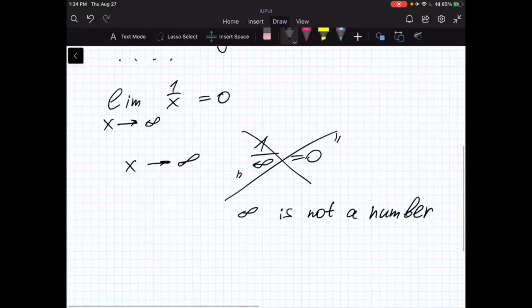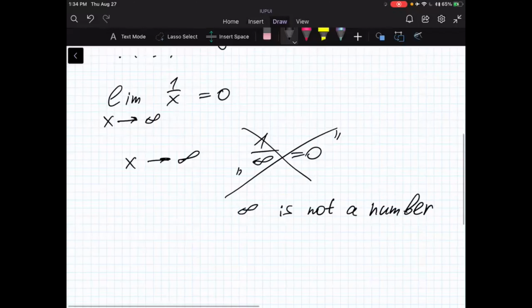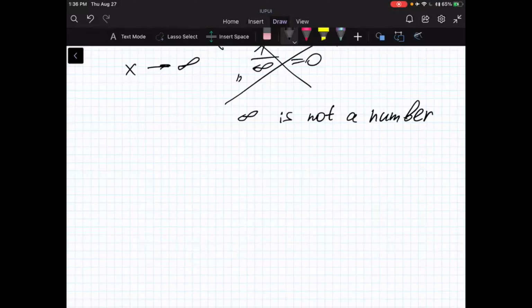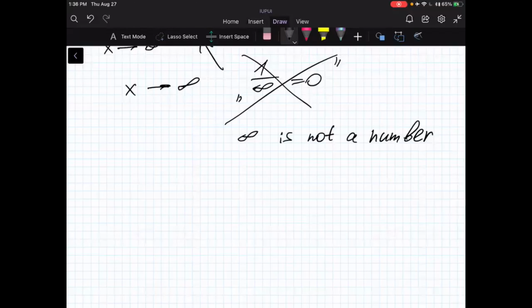So you should be accurate with that. The right way to express it is to use the notation of limits. So instead of writing infinity, you should write that x approaches infinity. Infinity is not a number, so it's not a good way to write something like 1 over infinity.